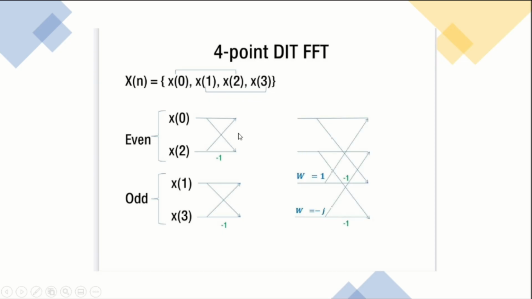For the first stage, 1 and 2 cross, 3 and 4 cross, and in the second stage, 1 and 3 cross, and 2 and 4 cross.